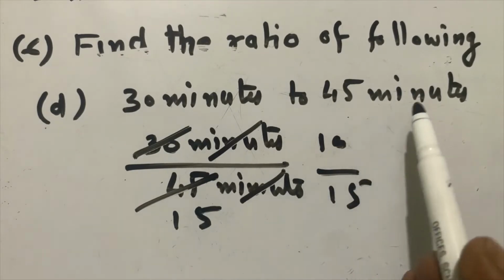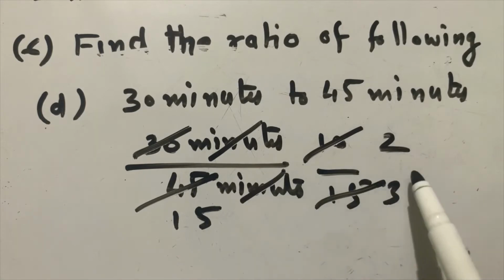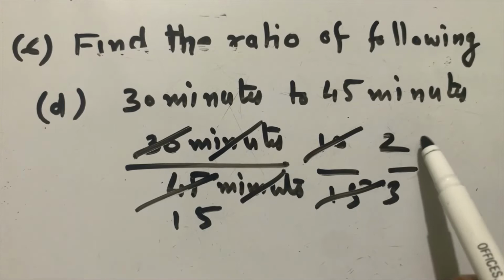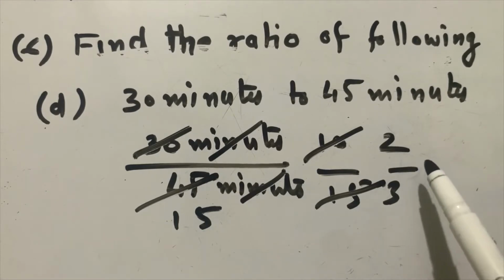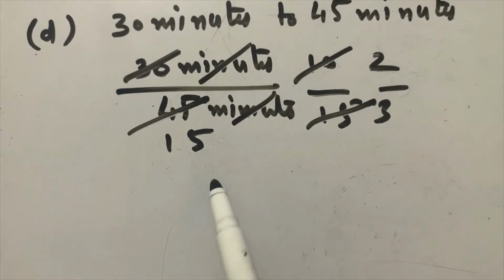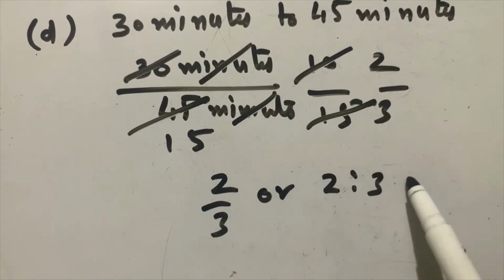Now further we read the table of 5: 5 2s are 10, 5 3s are 15. Now further it cannot be divided by any table. Hence the answer is 2 upon 3 or 2 is to 3.